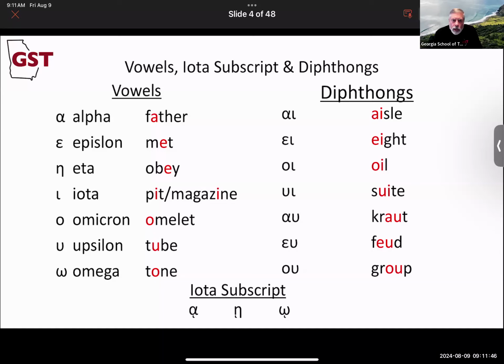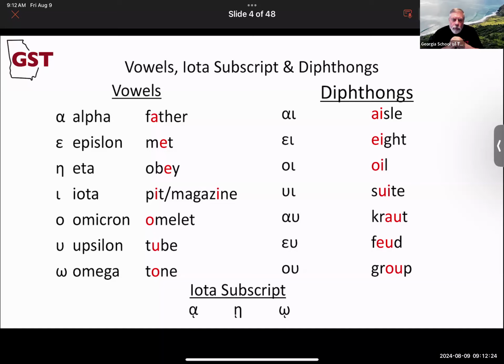For example, alpha iota is a diphthong, epsilon iota is a diphthong, omicron iota is a diphthong, upsilon iota is a diphthong, but eta iota is not. Actually, eta iota is going to be an improper diphthong and iota subscript later on. But omega iota, I don't know if there are words with omega iota, is not a diphthong. So that's the point: the alpha, the epsilon, the omicron, and the upsilon ending with the iota are diphthongs. And the pronunciation, as you notice, is one sound and not two different sounds.